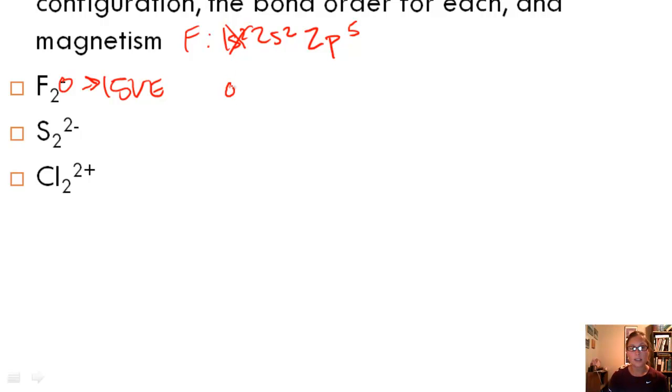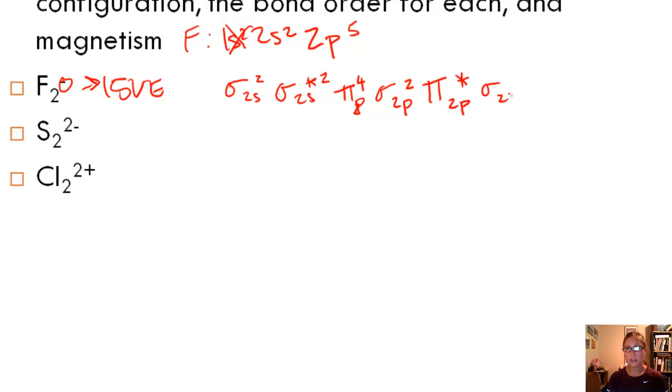And so we've got sigma 2s squared, sigma 2s asterisk, well, it's not squared, but 2. Okay, and then we've got pi 2p 4, and then sigma 2p 2, and then pi 2p asterisk, and sigma 2p asterisk, oops, and I forgot, not 2, okay, 4, and 1.